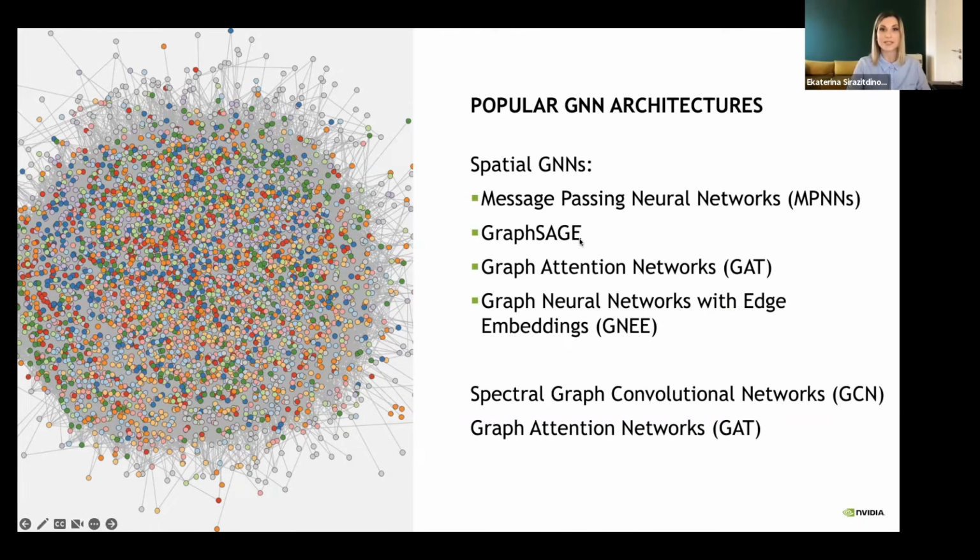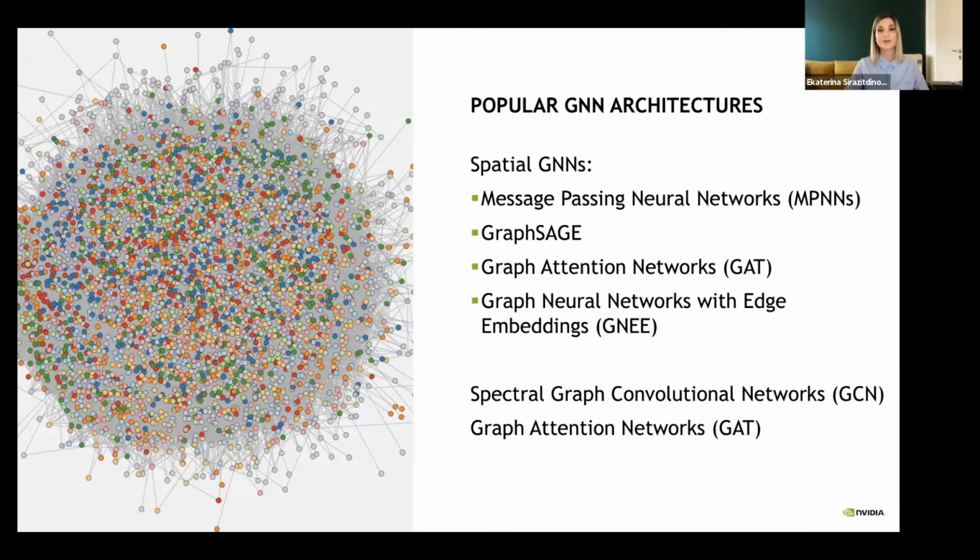Then there is GraphSAGE, which is basically a generalization of graph convolutional networks that aggregates the features of a node's neighbors to generate node representations. There are popular graph attention networks, which use the so-called self-attention mechanism to weigh the importance of each neighbor node when computing the representation of a particular node. We also have graph neural networks with edge embeddings, a special type of GNN that incorporates edge embeddings to capture more information about the graph structure.